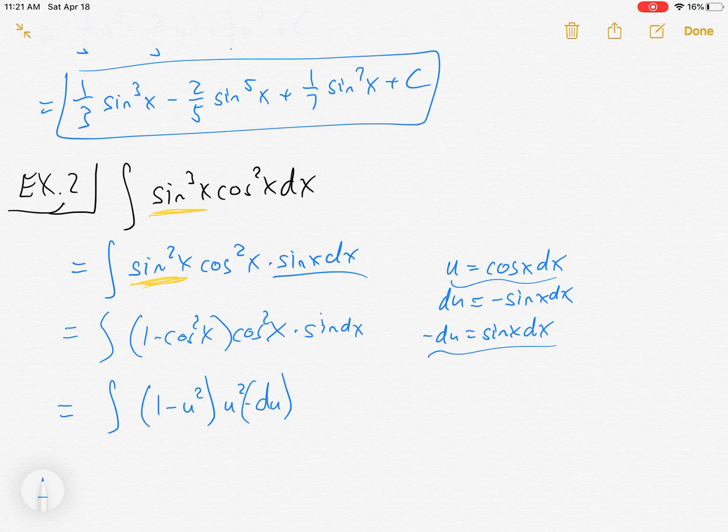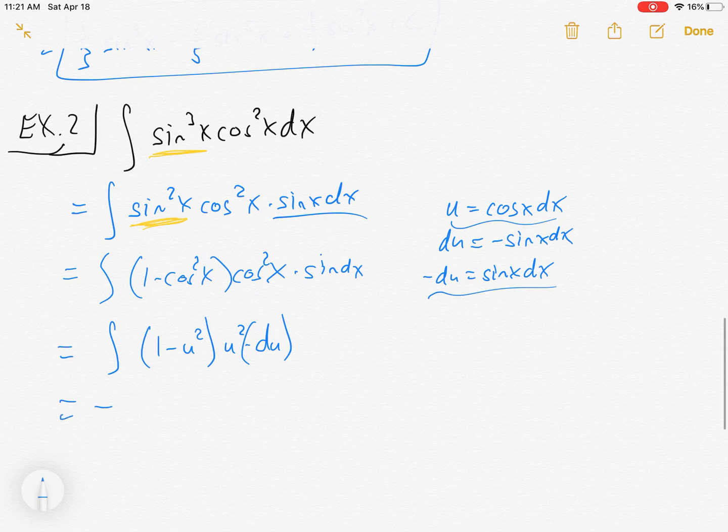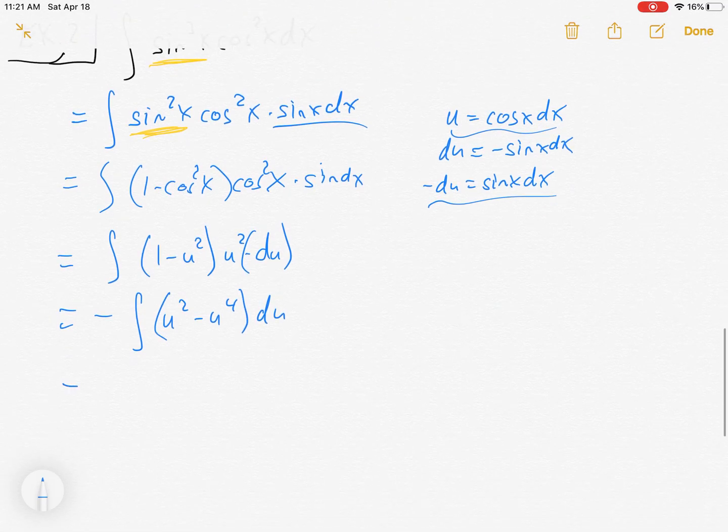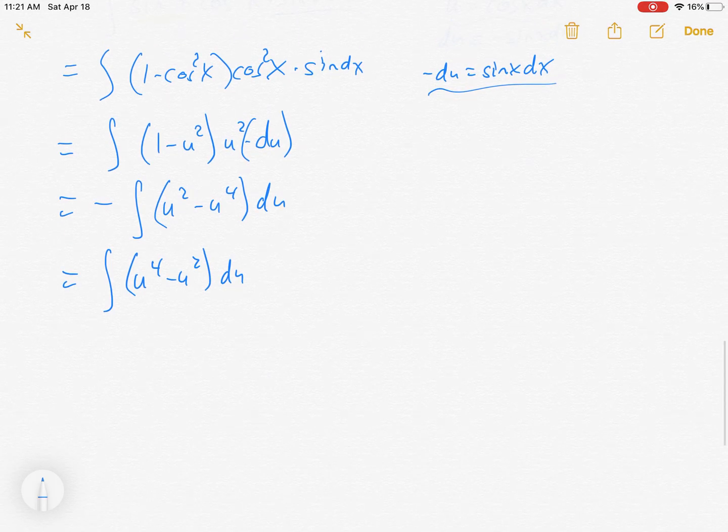Okay, so this can be substituted as 1 minus u squared times u squared times a negative du. Bring the negative out front, and this is u squared minus u to the 4th. Actually, might as well switch the order of those two. U to the 4th minus u squared.